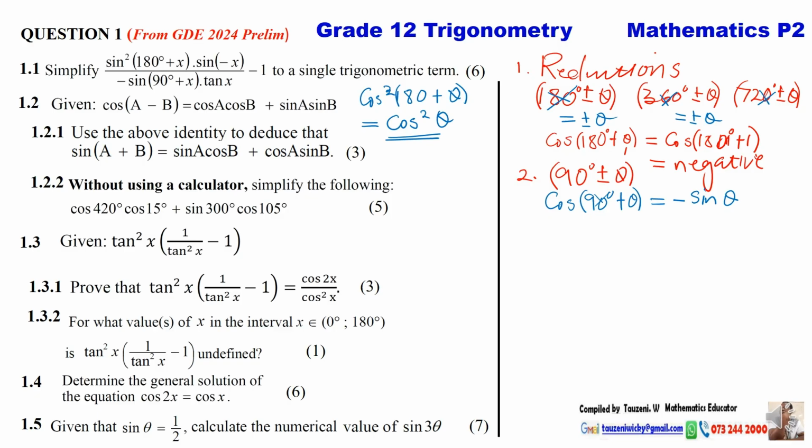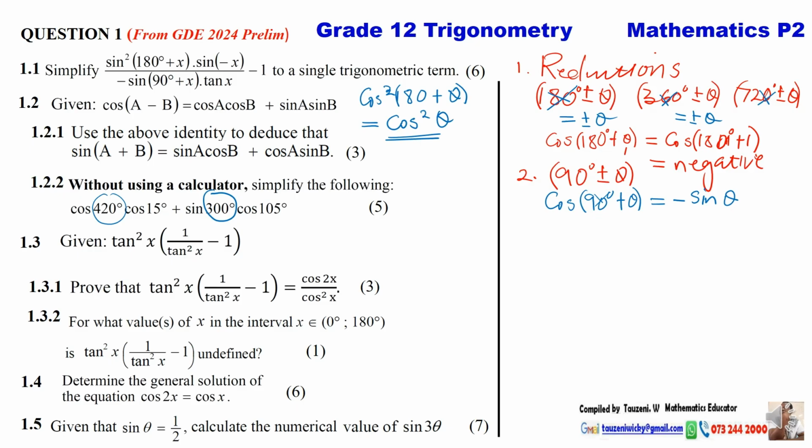Then number 1.2.1, we have reminded each other that you can prove this identity using the cofunctions. In number 1.2.2, we apply the reduction formulas as well. If you see big angles like these ones, reduce them using reduction formulas to acute angles. Then number 1.3, fractions. To add fractions, we make the denominators the same.